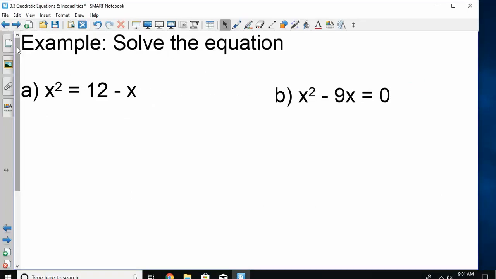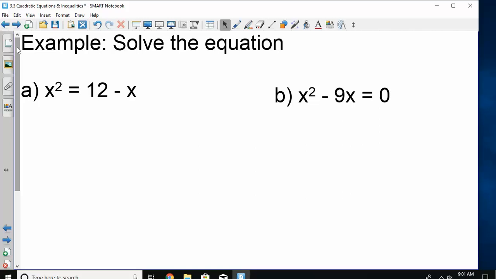So let's say I ask you to solve these equations. Alright, first one. What would we have to do in order to solve that?